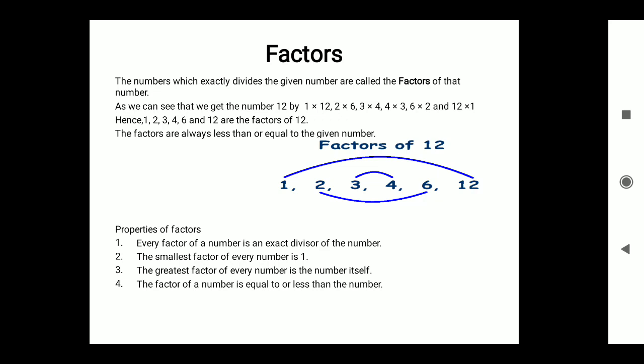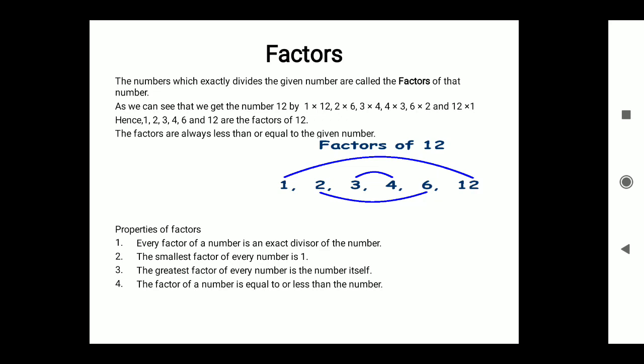In simple words, if a dividend is exactly divisible by a divisor, then the divisor is a factor of the dividend. Every number has a common factor, that is 1 and the number itself.